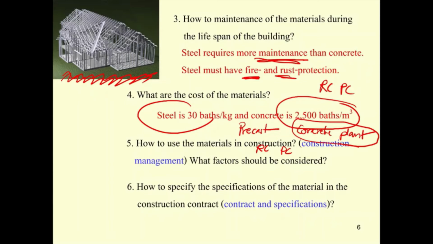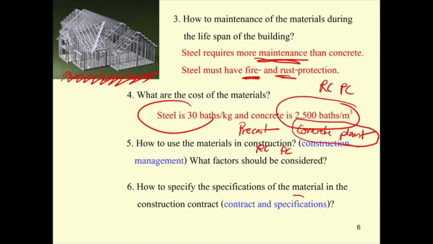And how do you specify the material in your contract? That means you have to say that the concrete must follow the Thai Industrial Standard number. The same thing if you specify an international standard: you may use the British standard, or the American Society for Testing and Materials, ASTM, standard.